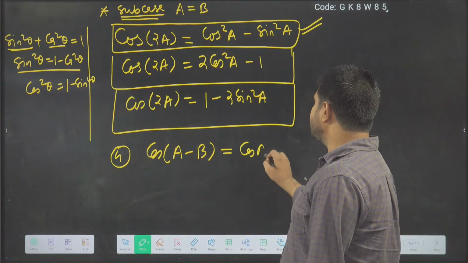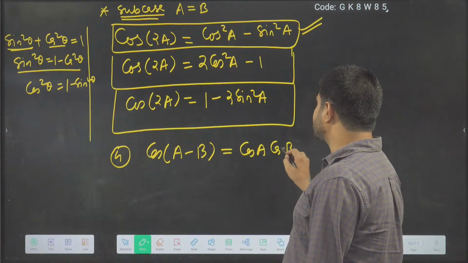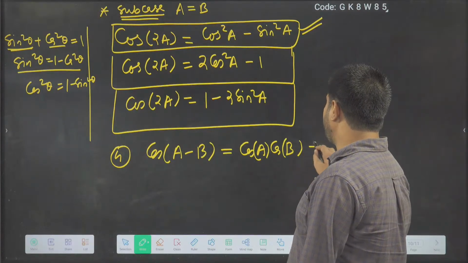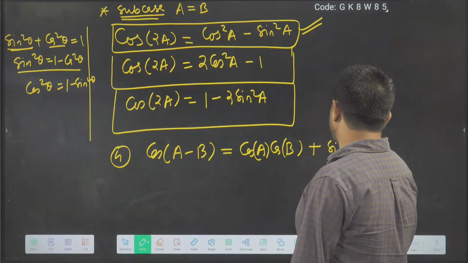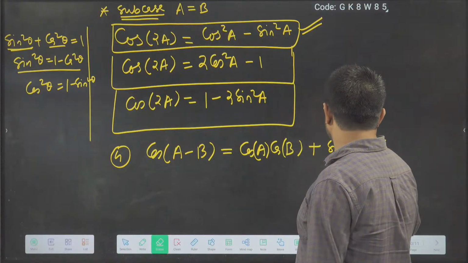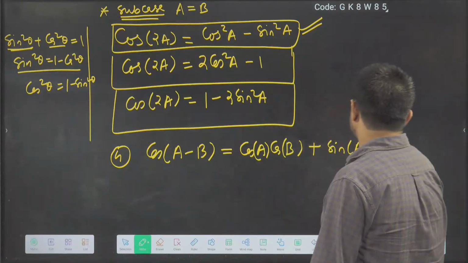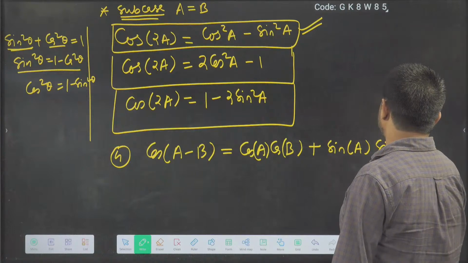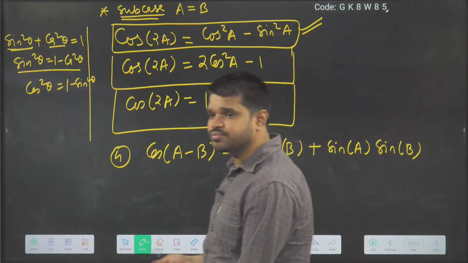So cos A into cos B plus sine A into sine B. Write it.